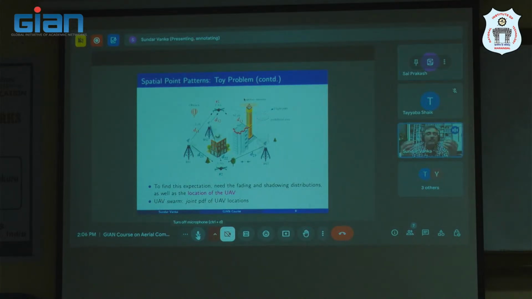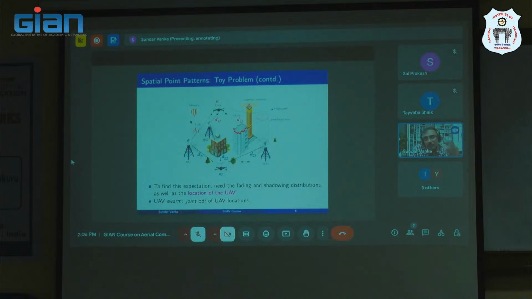So if you have N UAVs, and N is typically 100, let's imagine a large area where there are 100 UAVs in some small clusters. One cluster has 5 UAVs here, another 5 UAVs there, another 2 UAVs here, another 7 UAVs there, and so on. Let us say there are 100 UAVs.